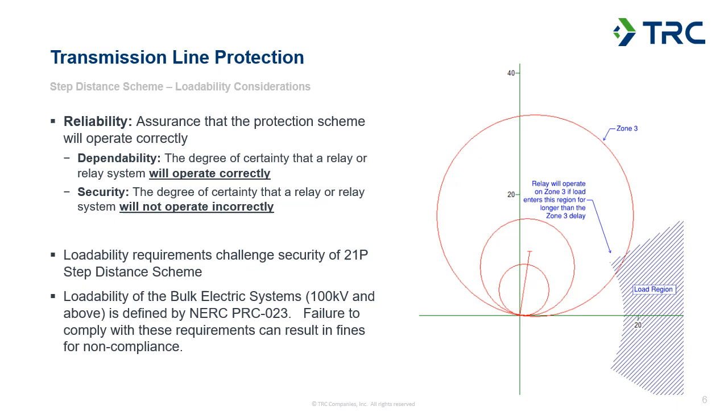That says you have to maintain a certain amount of loadability, and your relays can't operate for the expected loads that the transmission line should be able to carry. Failure to comply with this requirement can result in large fines for non-compliance, and you'll have to go and fix the problem if it's identified.